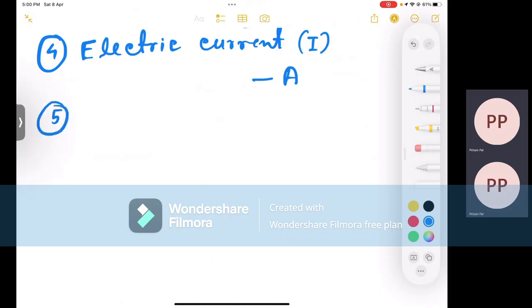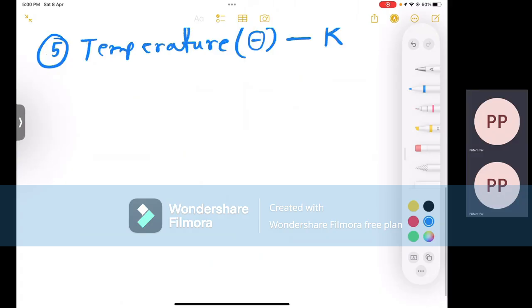Then we also have the temperature of the system. We can call it theta, and the SI unit is Kelvin, right? Another two base units have also been recently added.